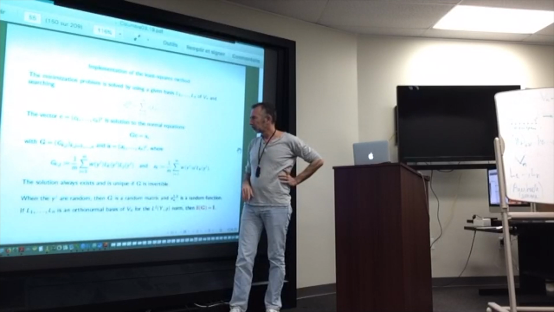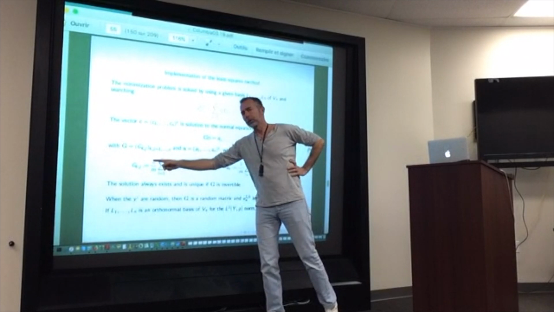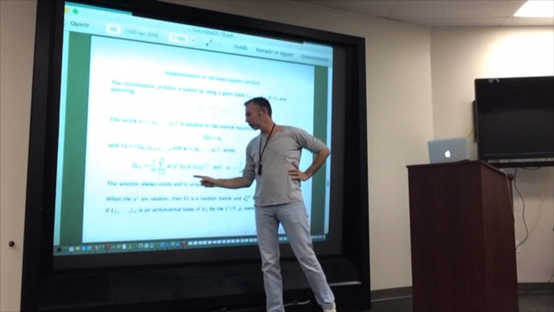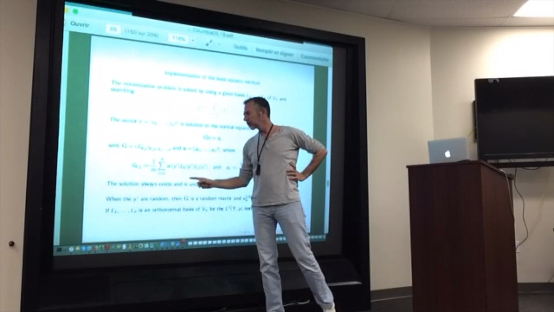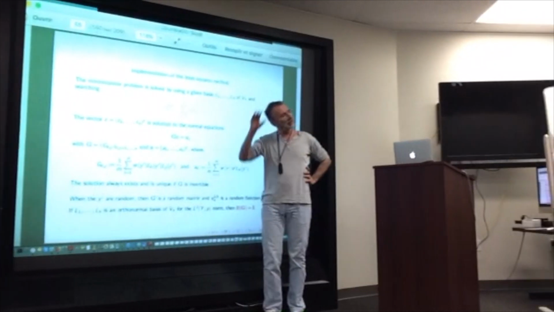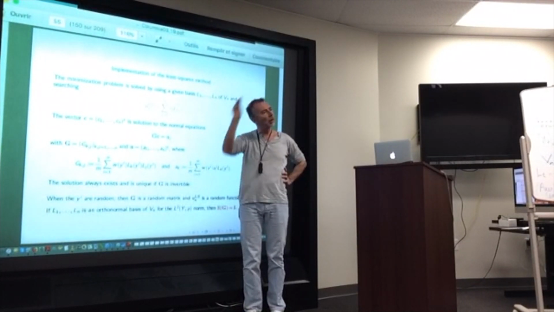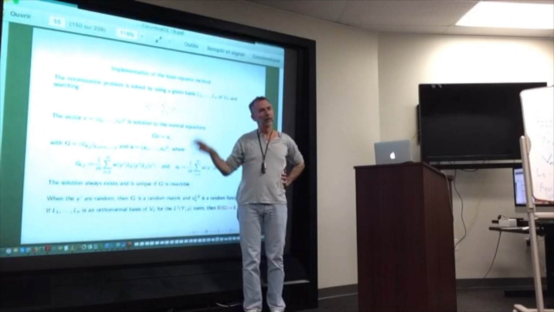Then you see that this random matrix has an interesting property. The entries of its expectation are given by the integral of L_j, L_k, d rho. And this is the identity, right? This is 1 if j equals k, 0 otherwise.